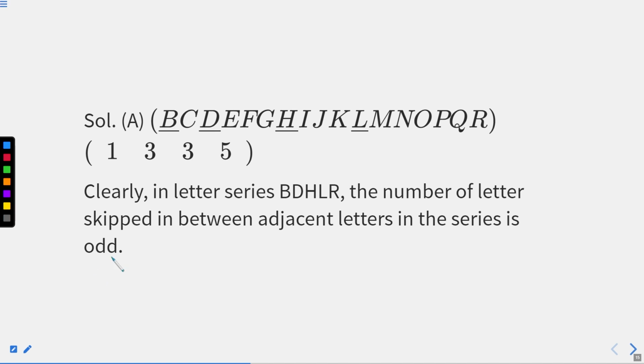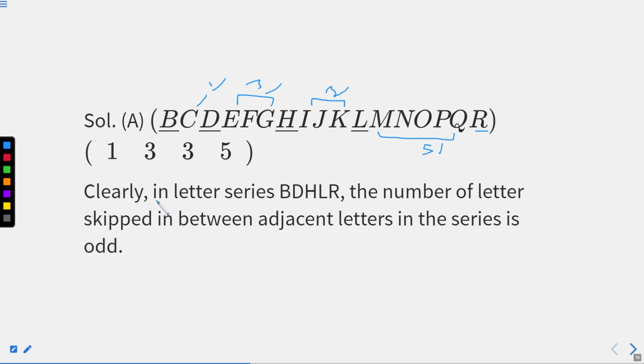So you can easily figure out that here we have 5 letters, here 3 letters, here 3 letters, and here only 1. Every number that we are getting is an odd number. Hence, it is satisfying the demand of the question.